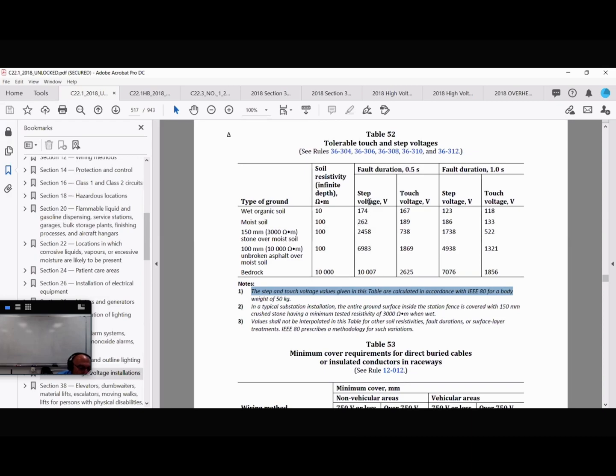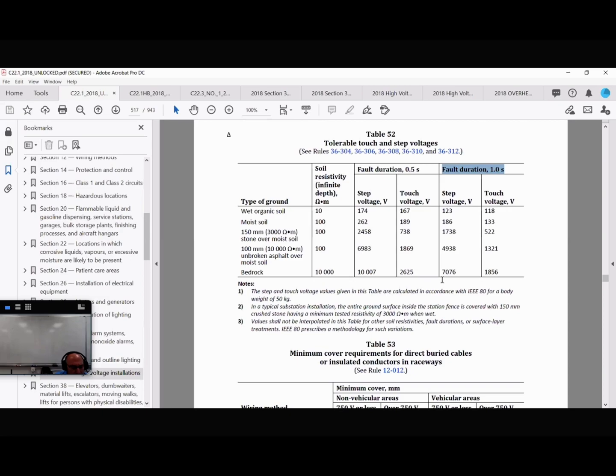A couple things you have to keep in mind is, are you going to have a fault duration of half a second or a fault duration of 1 second? Because your available fault current is going to dramatically change.